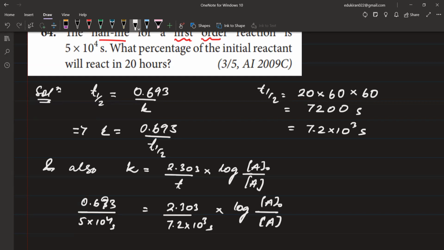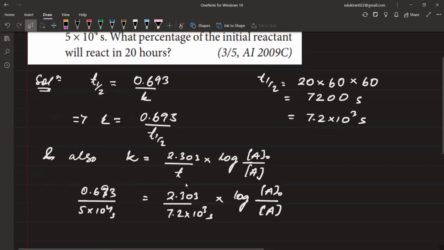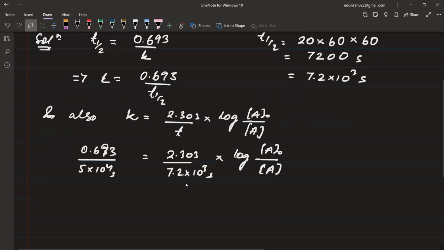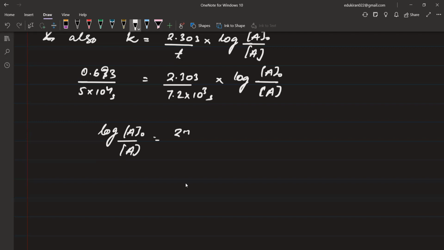Now let us see log a naught upon a will be equal to 2.303 multiplied by 5 into 10 to the power 4 divided by 0.693 into 7.2 into 10 to the power 3. You need to solve this one.